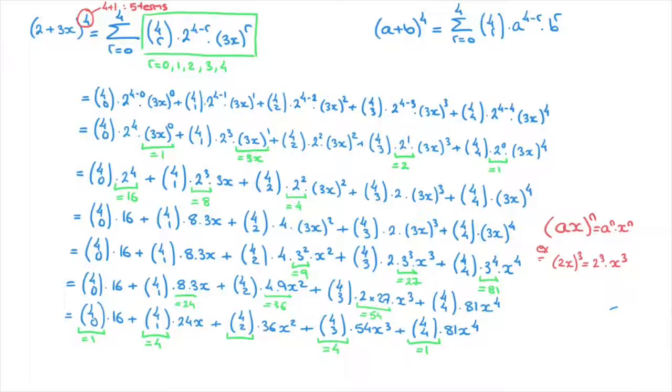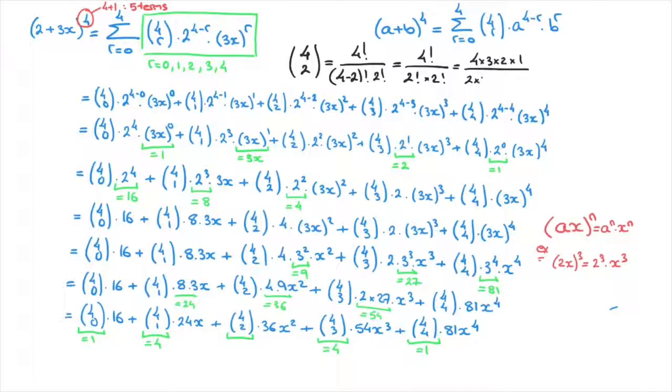The binomial coefficient 4, 2 equals factorial 4 over factorial 4 minus 2 times factorial 2. That's equal to factorial 4 over factorial 2 times factorial 2, and that's equal to 4 times 3 times 2 times 1 over 2 times 1 times 2 times 1.